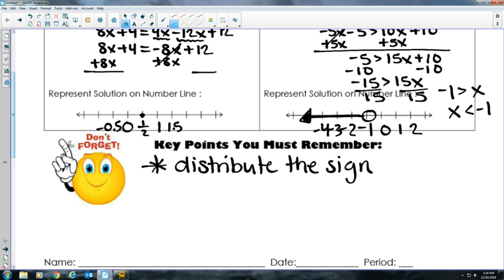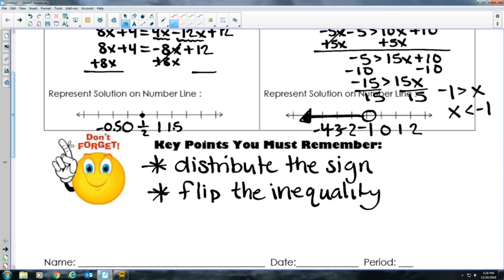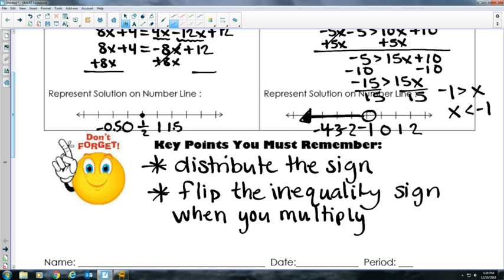And the golden rule of inequalities is to flip the inequality sign when you multiply or divide by a negative.